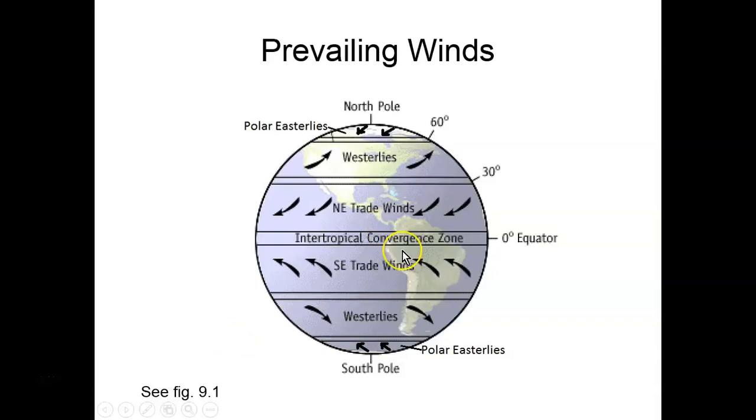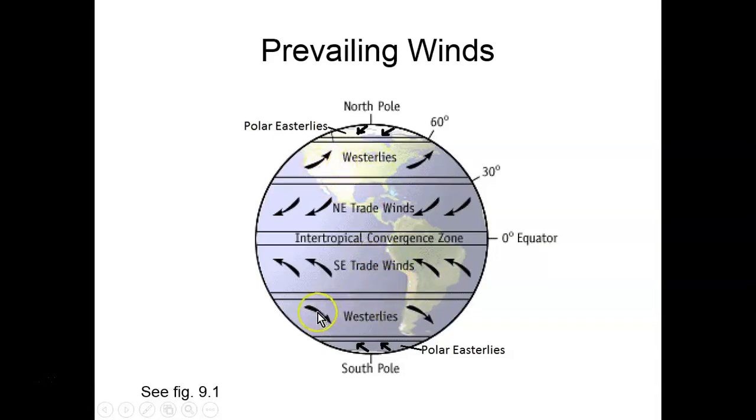All right, so remember that around the equator, we have the trade winds. We have the northeast trade winds, which blow from the northeast towards the southwest, and then we have the southeast trade winds from 0 degrees to 30 degrees south, which blow from the southeast to the northwest. Then, once you get between 30 degrees and 60 degrees, you have the westerlies, which are blowing from the west to the east.